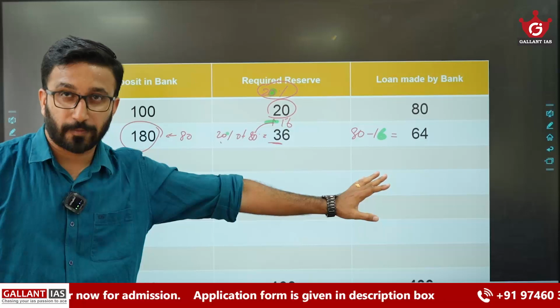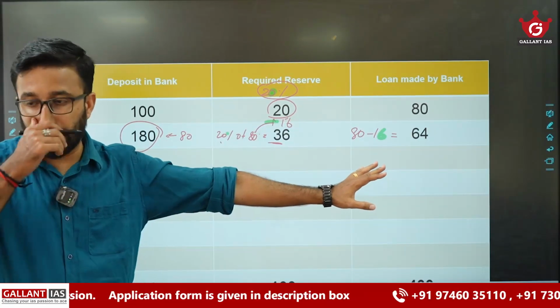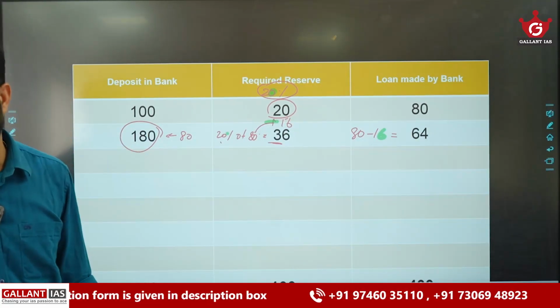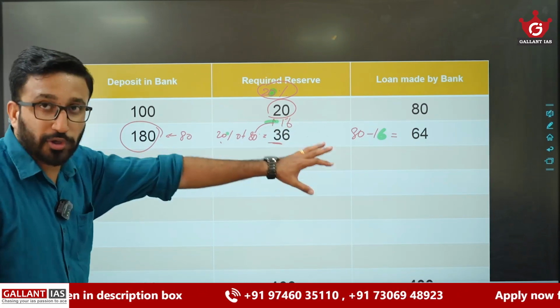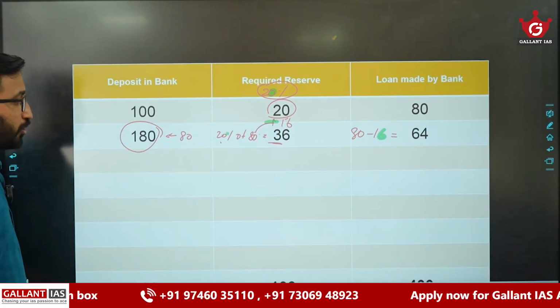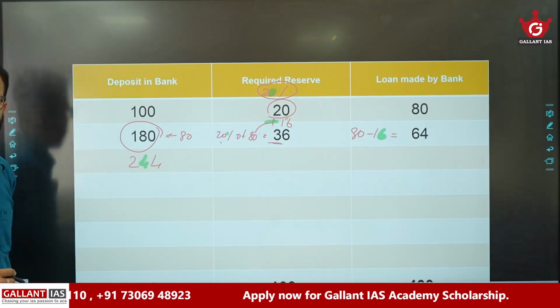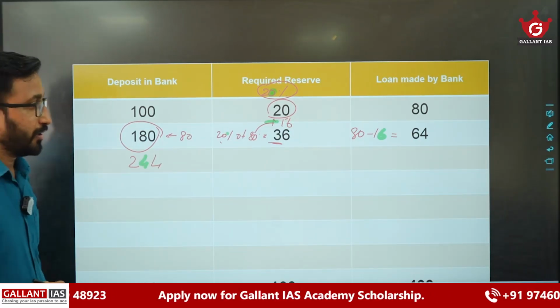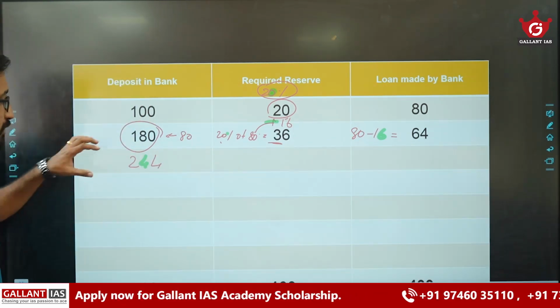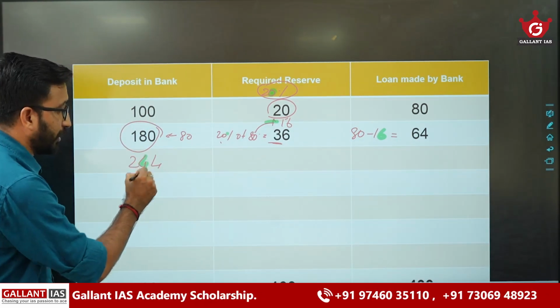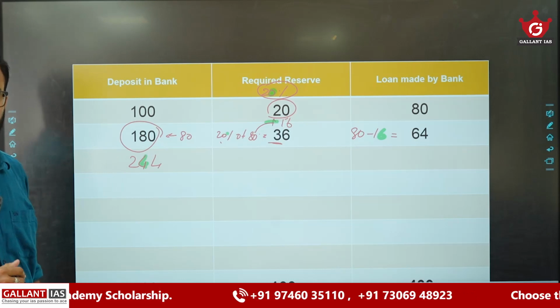Right? Suppose Z deposits that entire amount into this bank. The 64 will be deposited in this bank. So that makes the deposit 244 rupees.